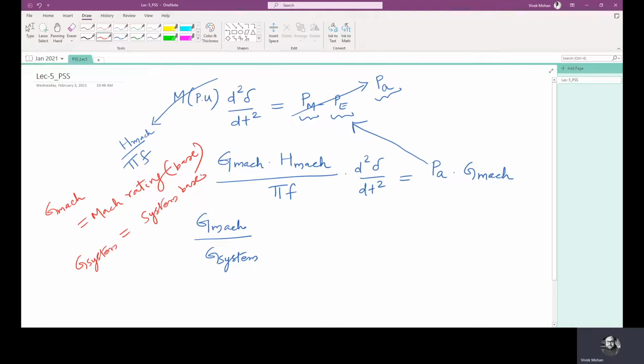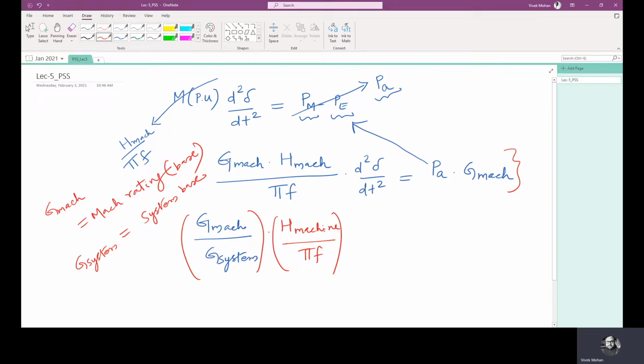So this can be written as G machine by G system into H machine by pi F. We are multiplying the LHS and RHS by G machine.